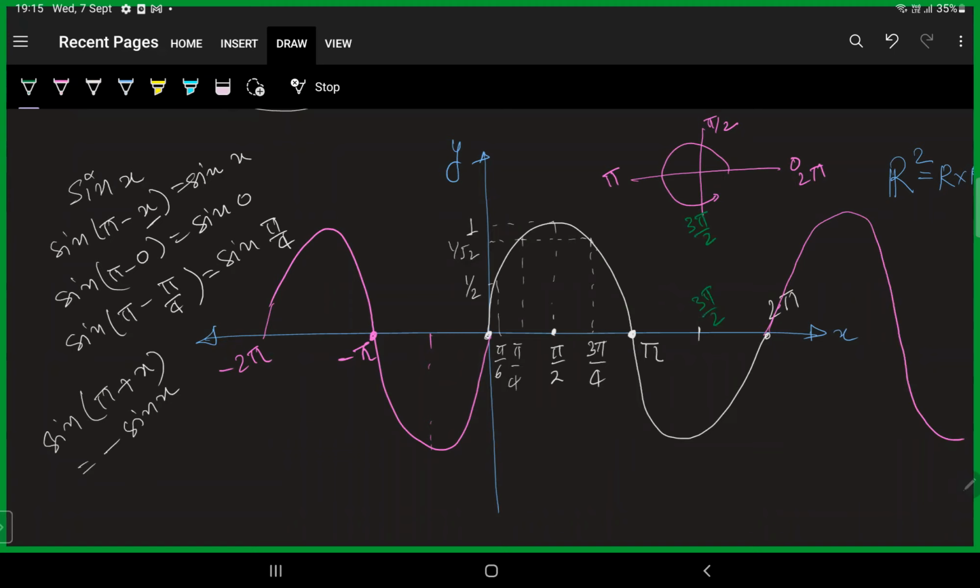You get it? Now you'll see after reaching 2 pi, that is from here to here, this is the motion of a pendulum also. Have you found the equation for the time period of a pendulum? If you take the length of the pendulum as 1 meter, you'll get 2 pi.